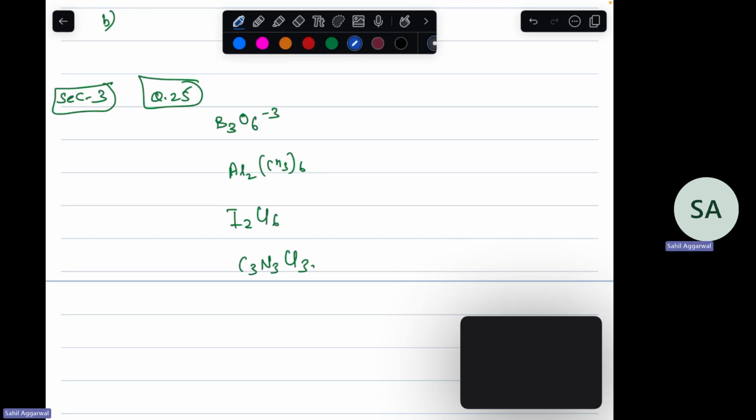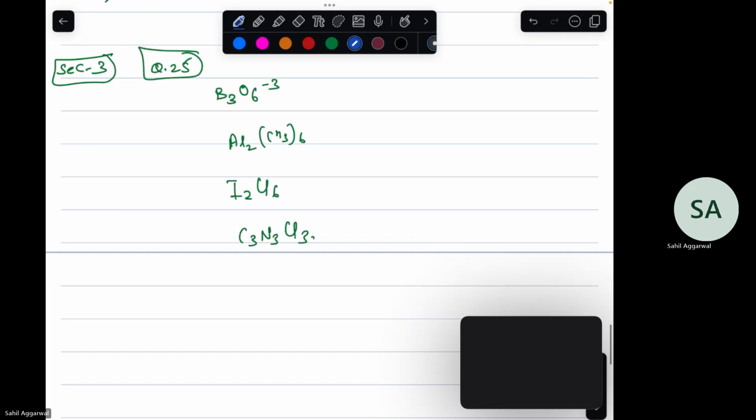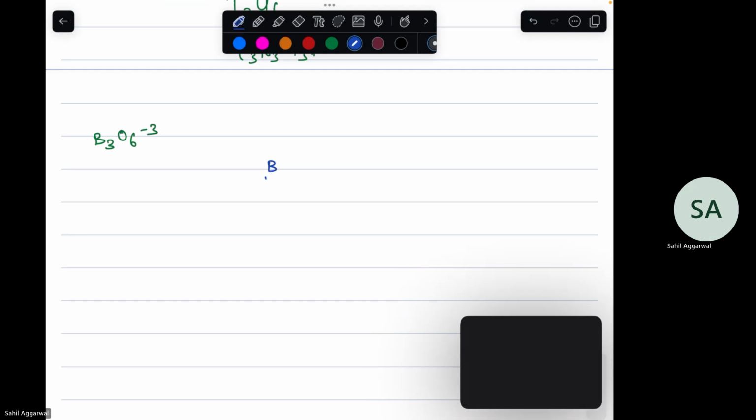So B3O6 3 minus is a planar species. It has back bonding.